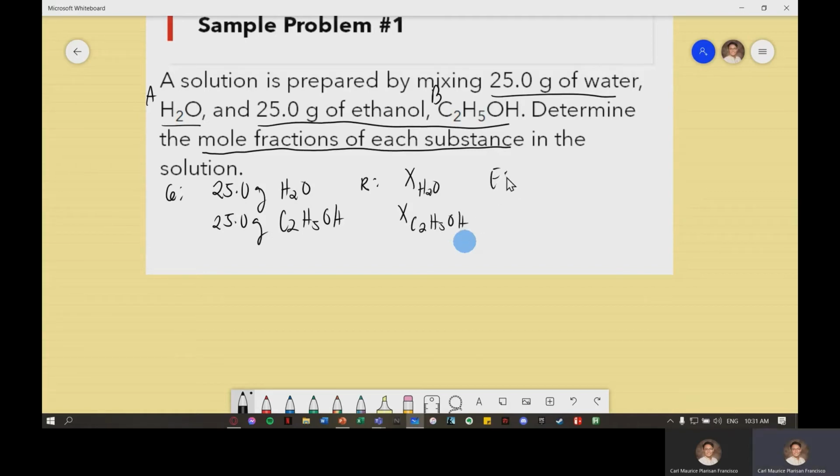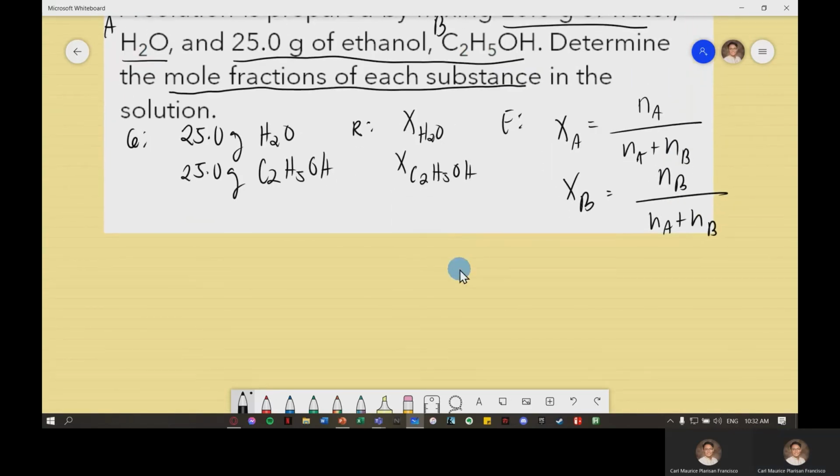Okay, and then our equation is mole fraction of any substance is equal to n sub A all over n sub A plus n sub B, or in this case, yung ikalawang isosolve natin, mole fraction of the second substance is equal to n sub B all over the summation of the two mole values. Okay?